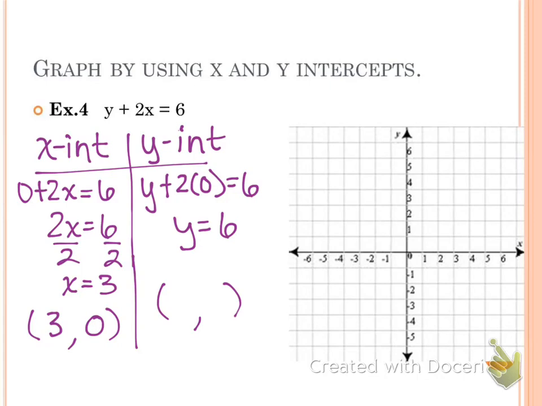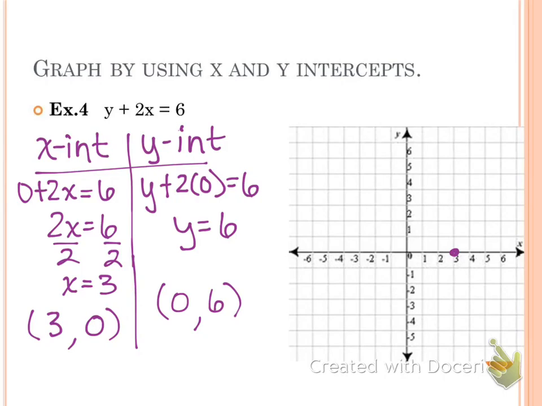So as a point, Delaney, what do I get? X is 0 and y is 6. Wonderful. I have to graph those on my coordinate plane. So the point 3, 0, I go to the right 3 from my origin and put a point. Find the point 0, 6.